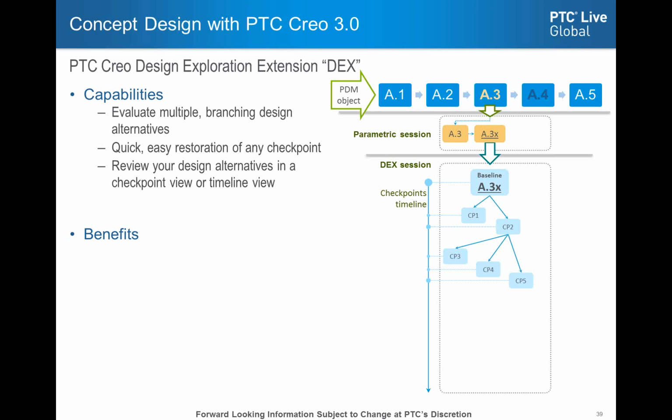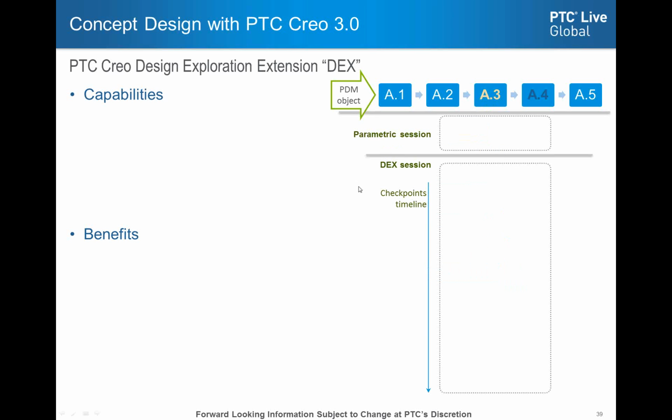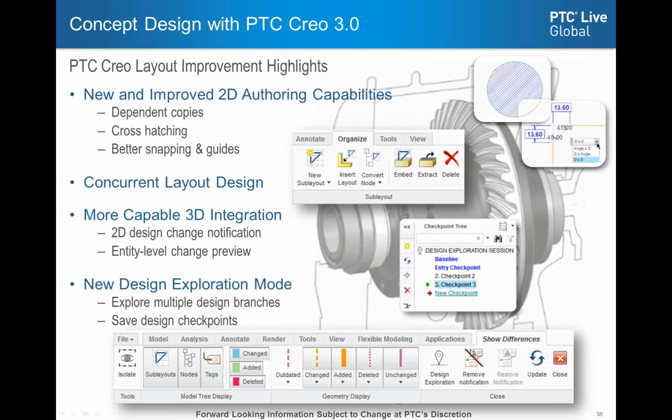So now when I come back from layout and I have my changes, I have the ability to, before I tell the system to update, go into this sandbox environment, or this design exploration environment, and update it in there. That's a safe environment.